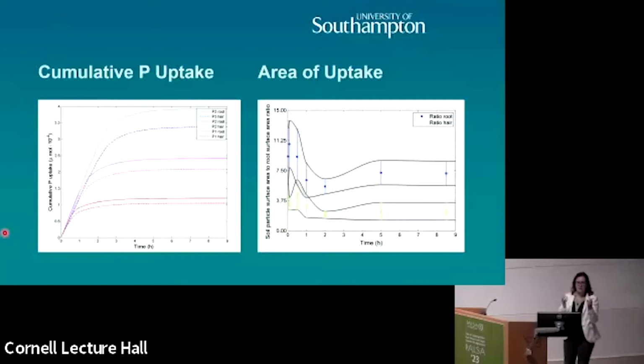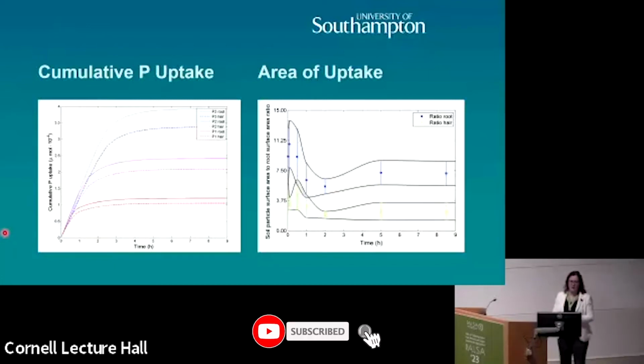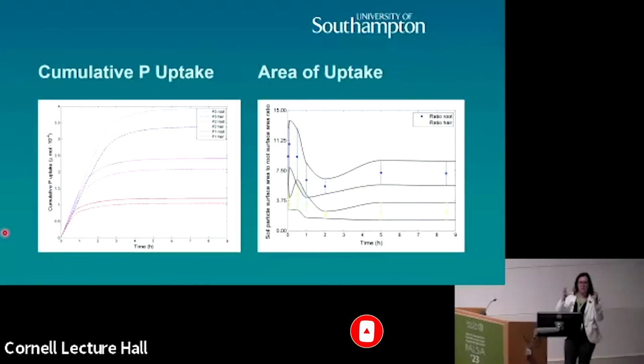It's always hypothesized, because they go into smaller pores, that it's local, but we can now say on the right here that it's roughly half of the area compared to where the root itself is taking up phosphorus. And it also says that the function of root hairs is not to dominate phosphorus uptake, but they are roughly doubling phosphorus uptake, at least for this imaging system that we had. The root that we imaged, that's the case.